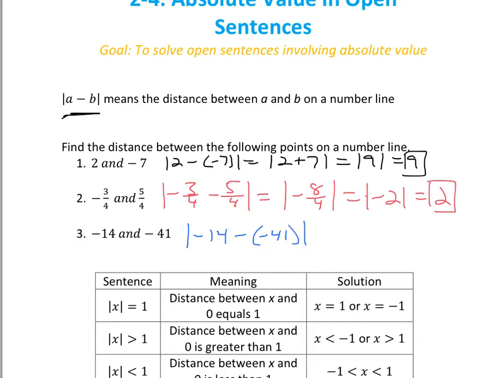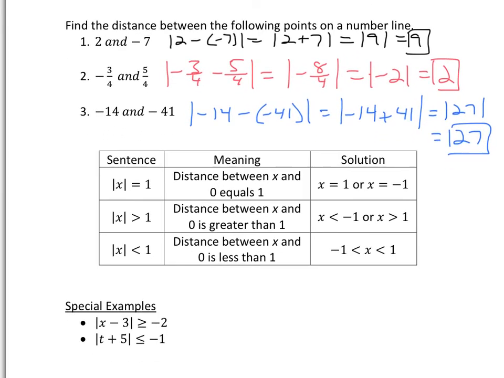You don't need to write it like that, you could go straight to the plus. Obviously doesn't bother me. So -14 plus 41 is going to be 27, and the absolute value of 27 is 27. All right, so that's the easiest thing that we can do from this section.